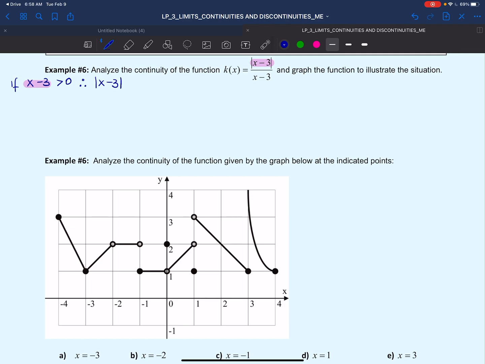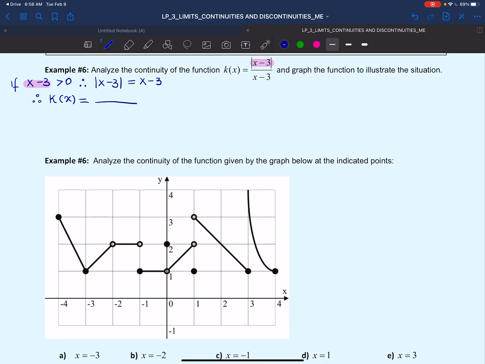The absolute value of a positive number is the number itself. So the absolute value of x minus 3 would equal exactly x minus 3.